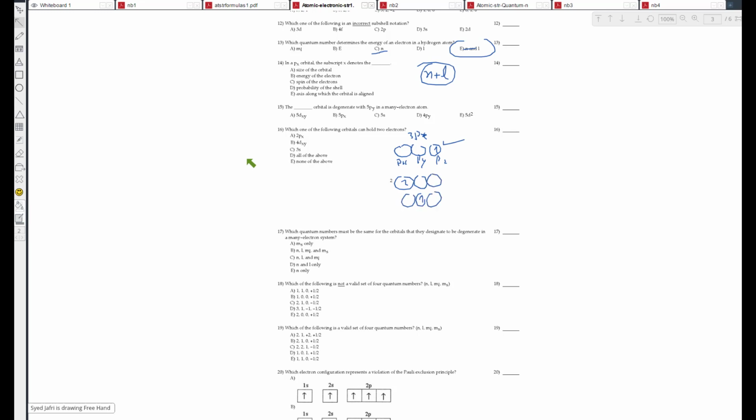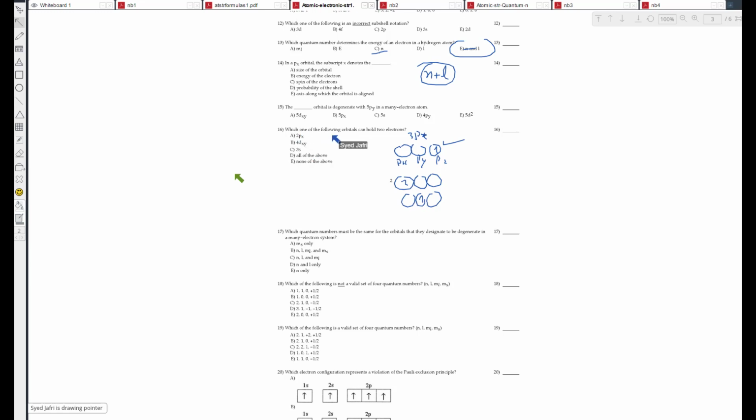Of course, we write in order from left to right, but they are not wrong because they are all of the same energy. That's why we call it degenerate, same in energy. You can place electrons anywhere. So in case somebody gives you something like this and asks right or wrong, it's right. It's not wrong.